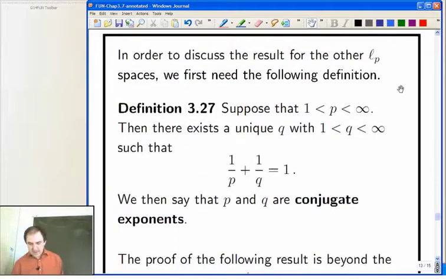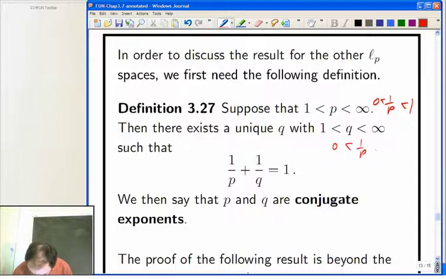So what do we have? Here's how the conjugate indices work. If 1 is less than p is less than infinity, then 1 over p will be less than 1, and of course it's greater than 0. So you've got 0 less than 1 over p less than 1.